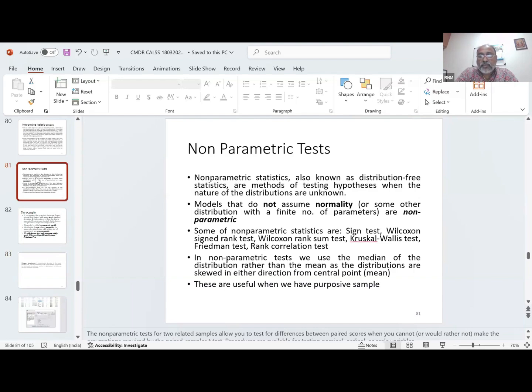Some of the major non-parametric tests we use are the sign test, Wilcoxon signed rank test, Wilcoxon rank sum test, Kruskal-Wallis, Friedman, and rank correlation test.